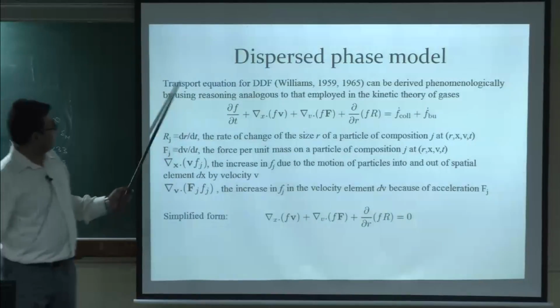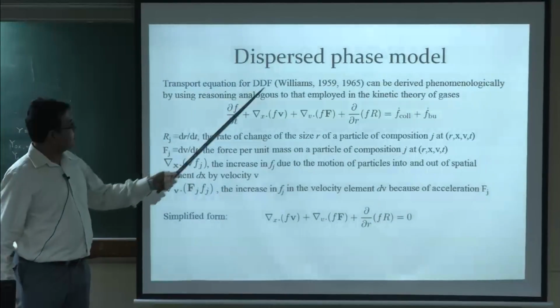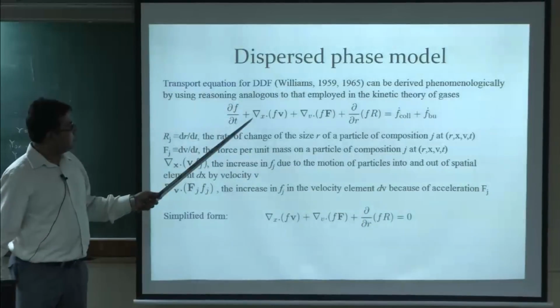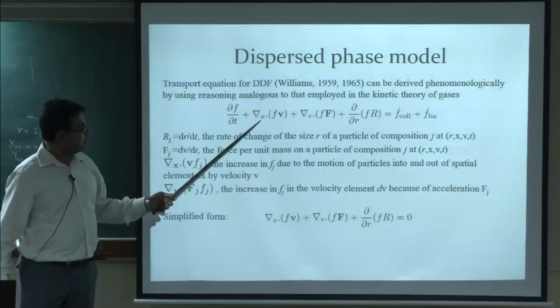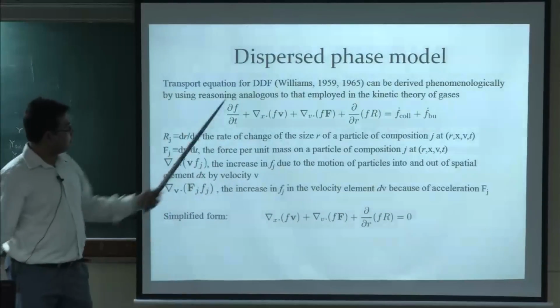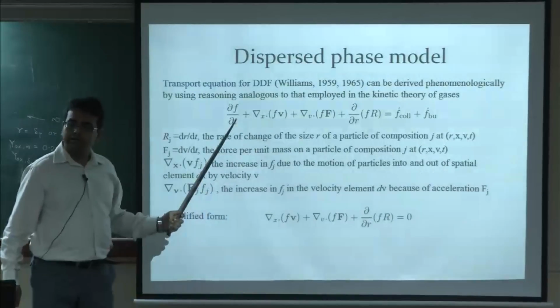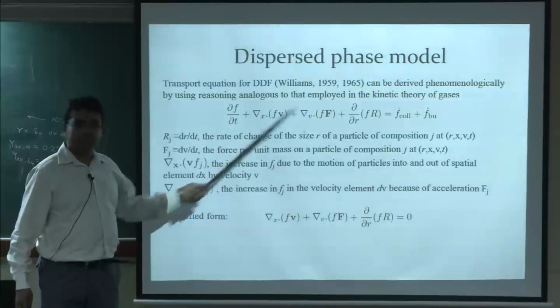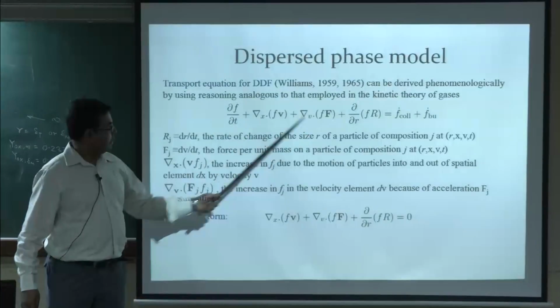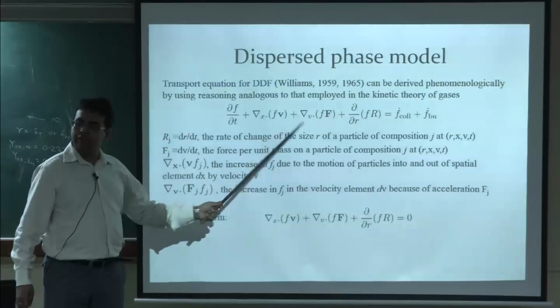Okay. Then you can try to write a transport equation for this DDF, whatever we described before. If you assume that they are dependent on the spatial locations and the velocity, then this is the transport term that we get, the total derivative kind of thing. That includes both spatial volume and the velocity.